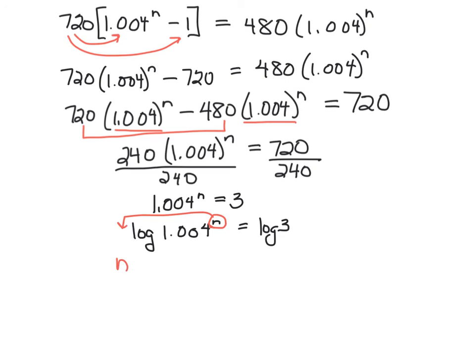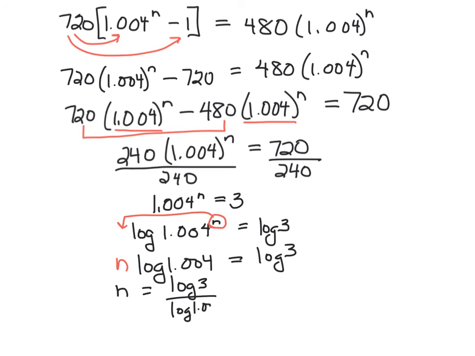So now I have n multiplied by the log of 1.004 equals the log of 3. We always got the n by itself by dividing both sides by the log. So that's going to be log of 3 divided by log of 1.004. On your calculator, go ahead and do that division.